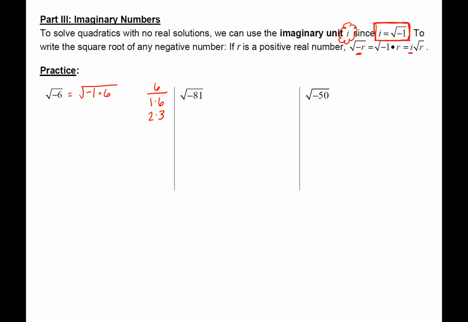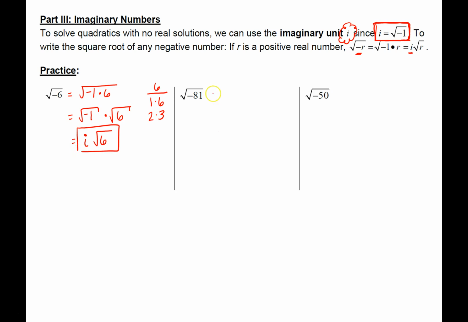So we're going to leave the 6 inside, but the square root of -1, I'm going to break this up just so it's easy to see. The square root of -1 is i, and then that's being multiplied with that radical that won't simplify, the square root of 6. So our final answer for this one is i square root of 6.